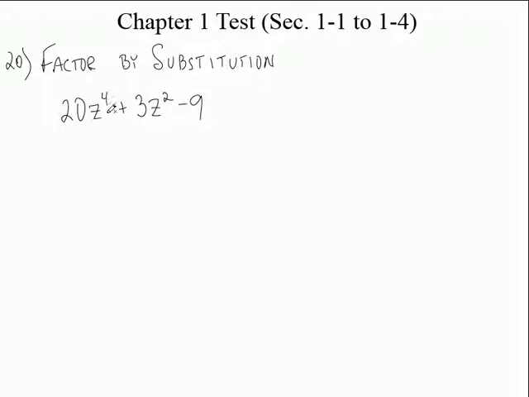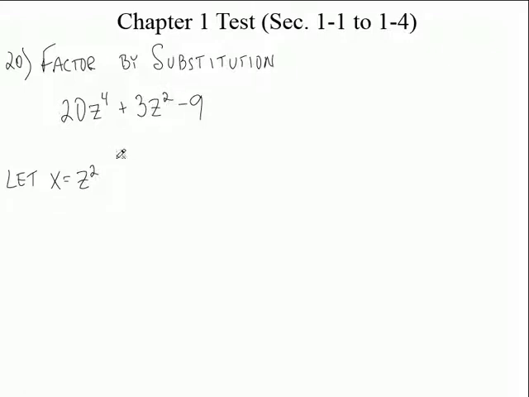So what we're going to do is say let, right here. This would be really nice if this was just like a 3x and this was a 20x squared, because then it would look like what we're used to. So I'm going to say let x equal z squared. Instead of writing 3z squared, it'd be really nice if I could just say 3x.